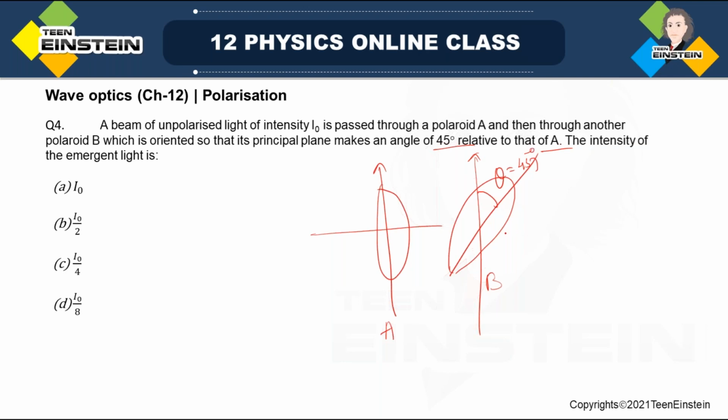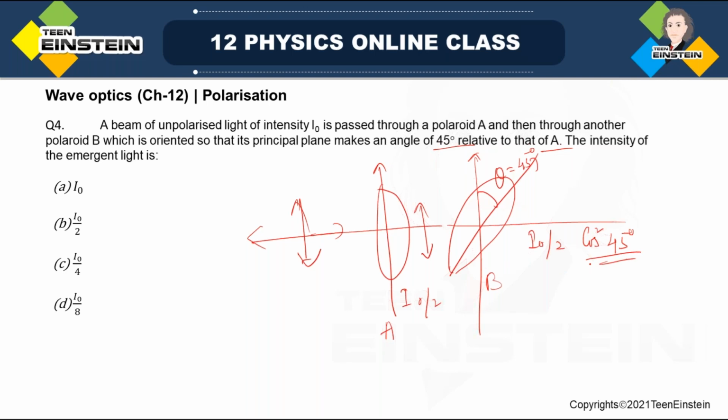Then what will be the intensity? I know after passing through A, intensity will be I0 by 2. Now here intensity will be I0 by 2 initial, along with that cos square 45 degrees.